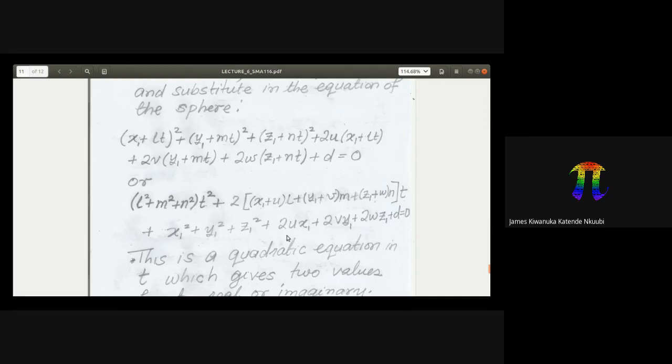Anything that is left that does not involve t comes at the end, and that will be the constant for the quadratic equation. All these values are known. Here they look long, but when you work them out, this one will just be one number, this one will also be just one number, and L squared plus M squared plus N squared will also be just one number.